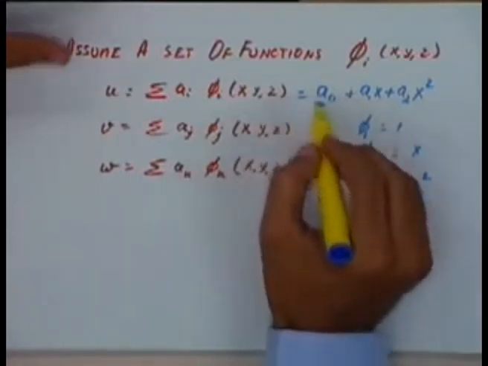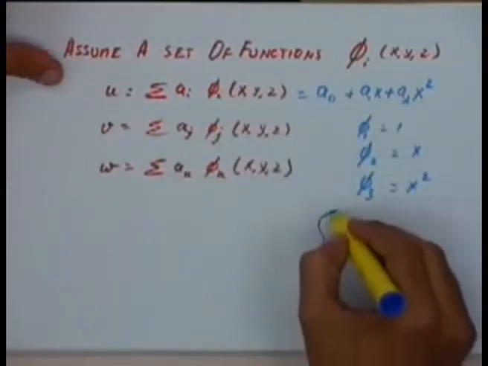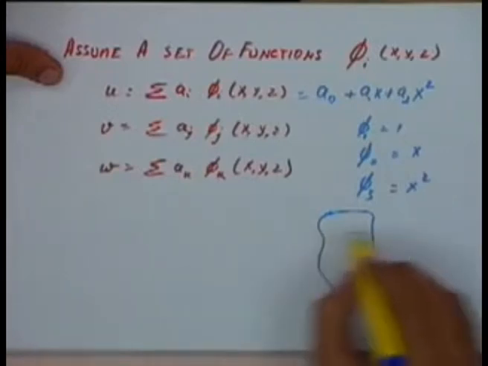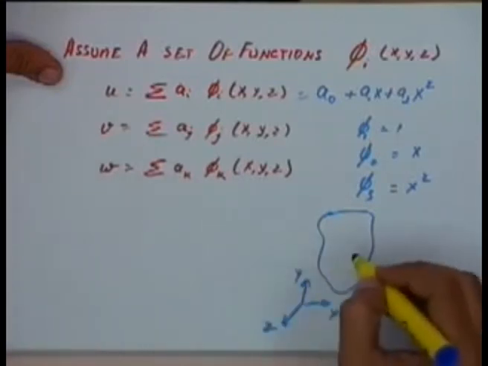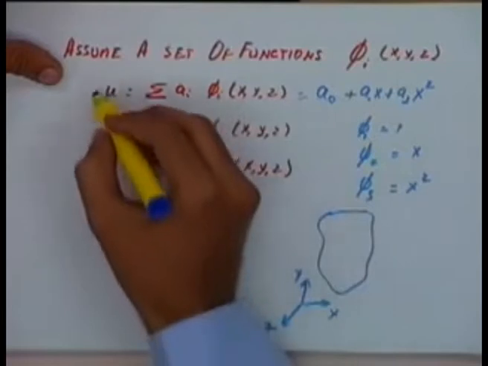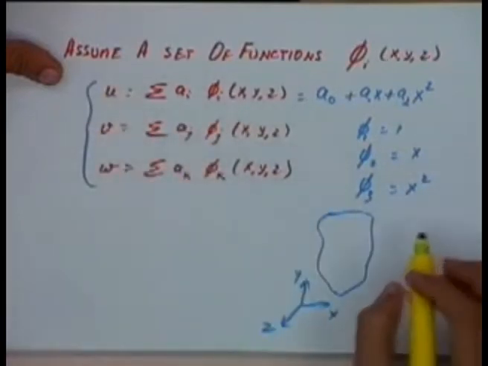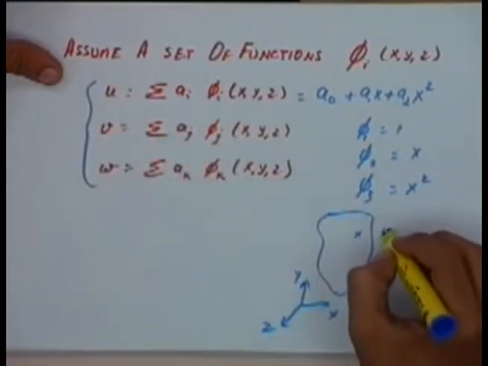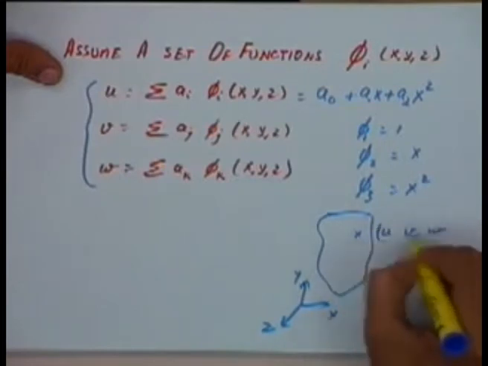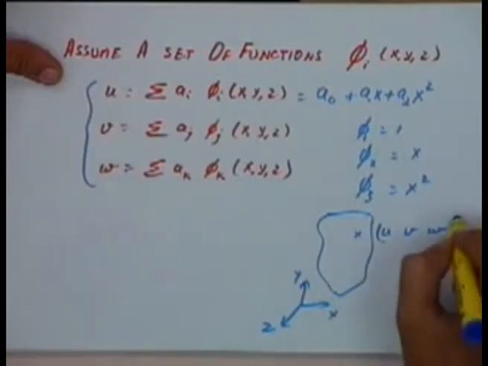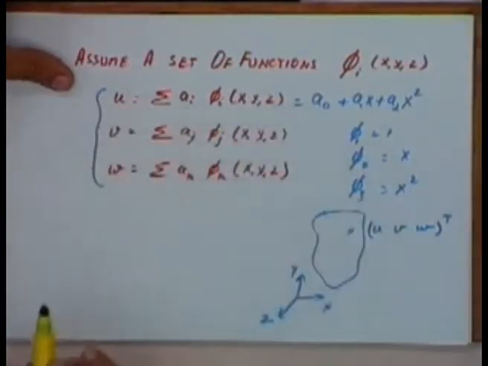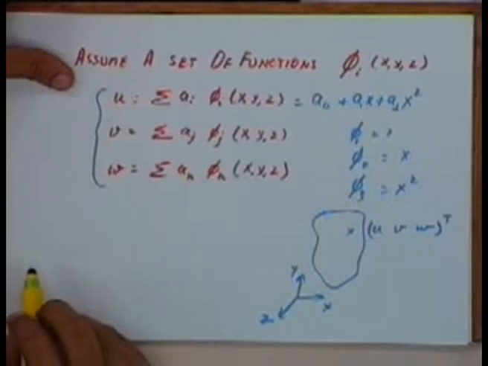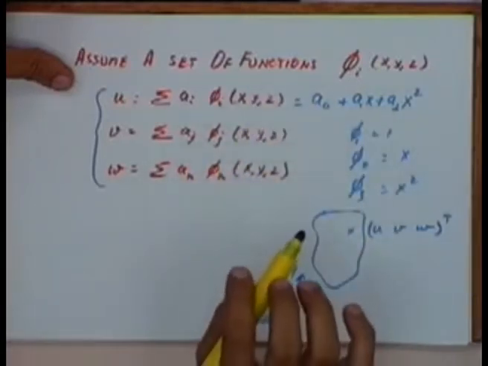Essentially what I am doing is, whatever my solid be, throughout this solid I am assuming a deformation field given by this. I am assuming that at any arbitrary point the deformation u, v and w will be given as a function of x, y and z governed by these equations. So we are starting with this assumption.